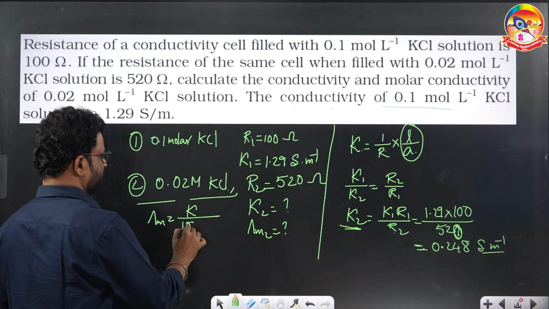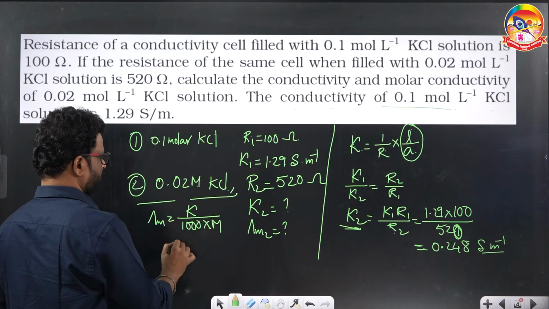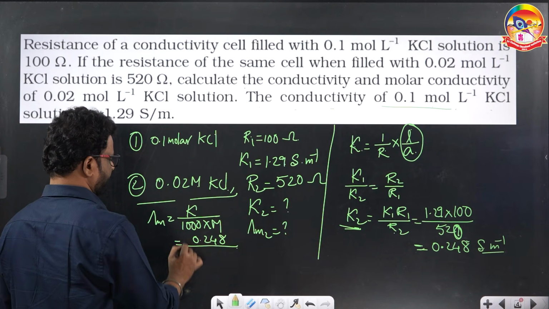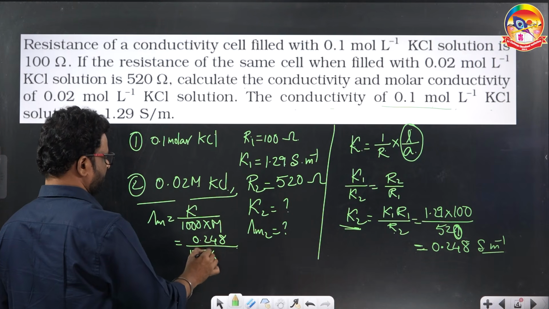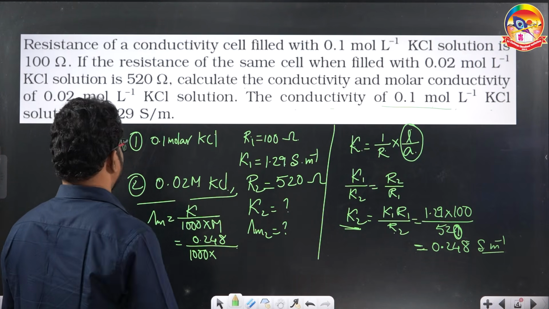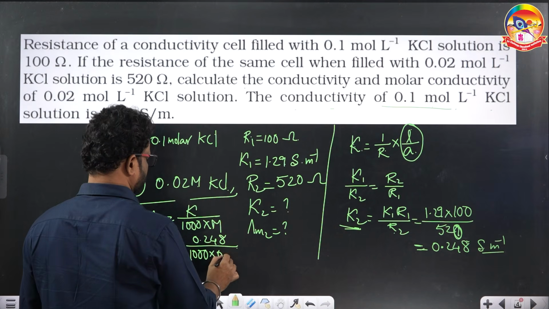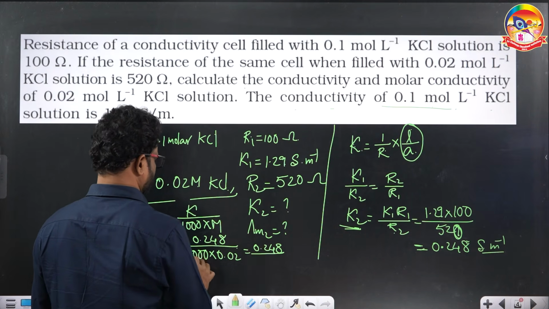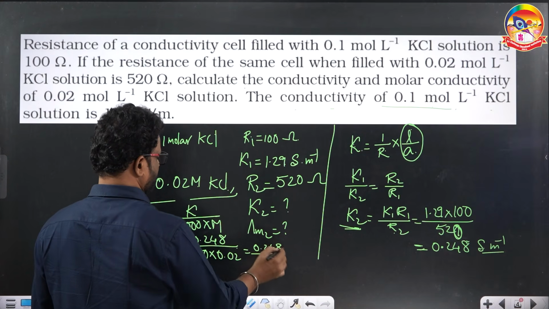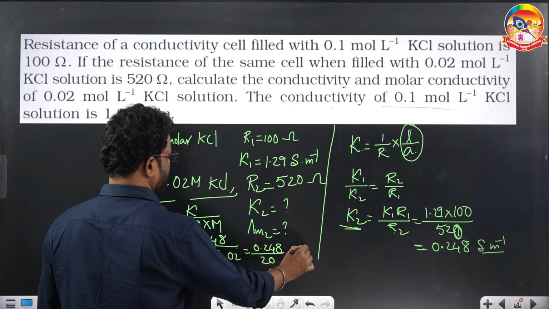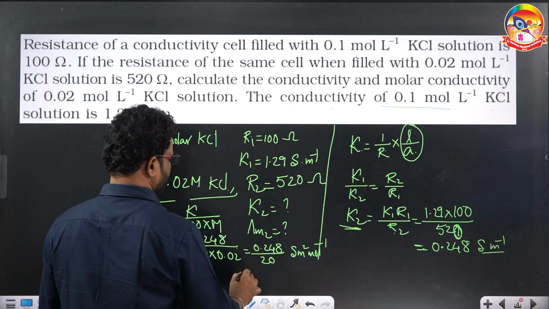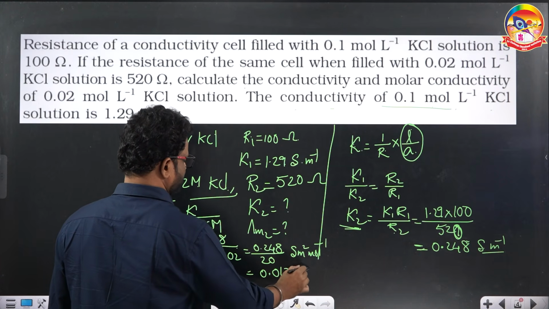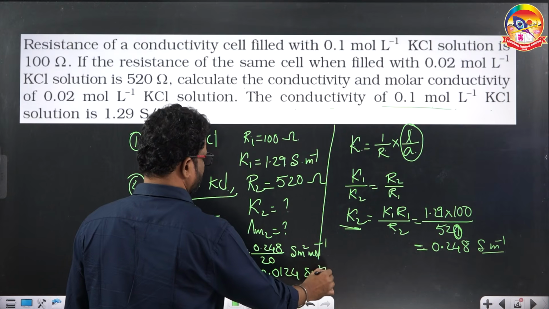K by 1000 into molarity. So that is 0.248 by 1000 into molarity, that is 0.02, which is 0.248 by 20 Siemens meter square mole inverse, which is equal to 0.0124 Siemens meter square mole inverse.